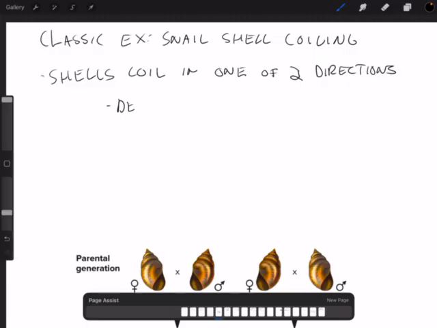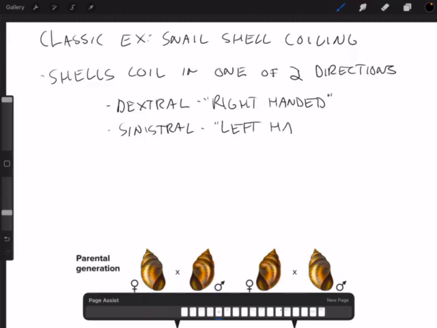They can be dextral, which is basically a right-handed coil, and they can be sinistral, which is a left-handed coil.